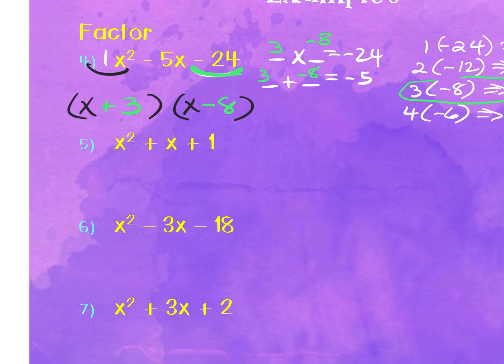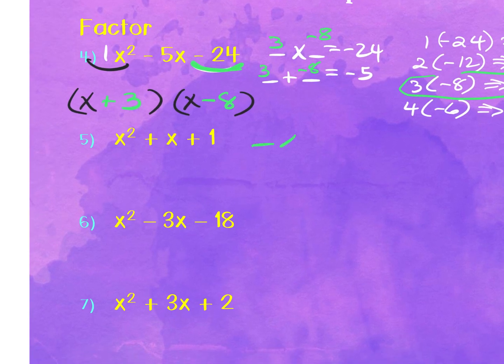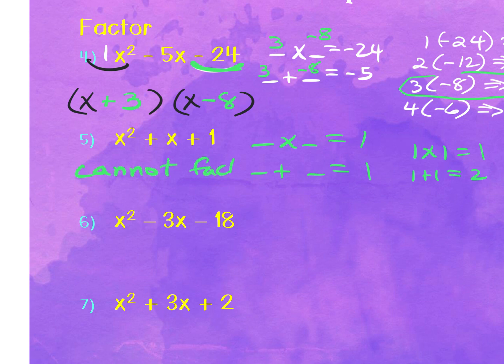Next one. I'm looking for two numbers that multiply to give me a 1, but who will add to give me a 1? Well, in this case, the only factors of 1 are 1 times 1, and then 1 plus 1 gives you 2. So this cannot be factored. So if that were the case, you could either just put cannot factor, or you could rewrite the problem.